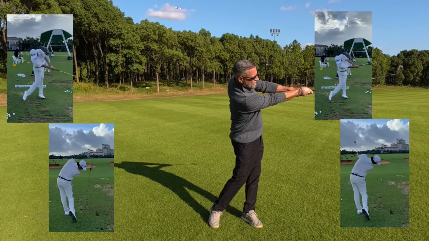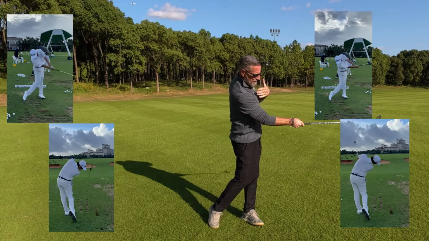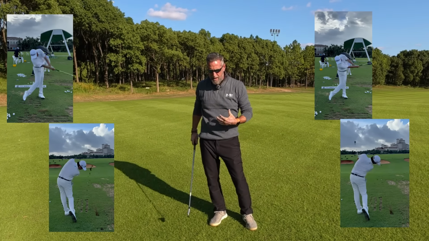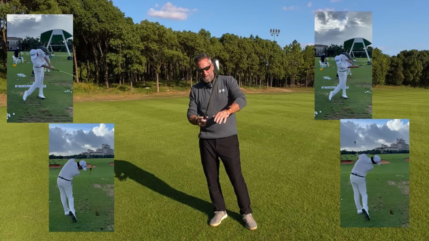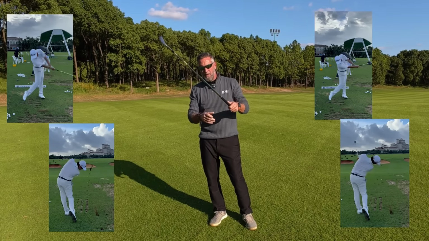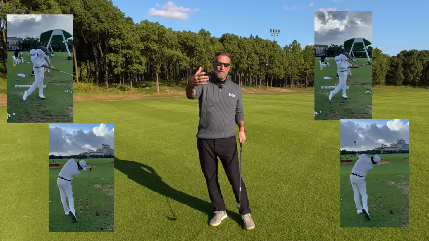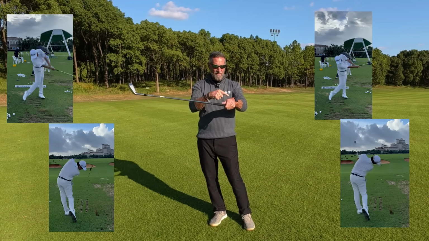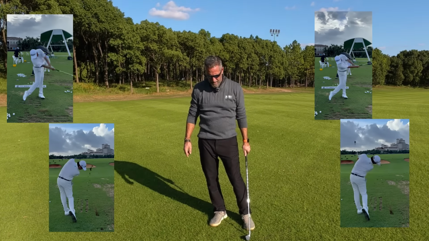It's a great checkpoint to see how the body has turned to an extent, and how the wrists are positioned, which will help me explain to my student the outcome of the ball depending on the position of his wrists at P9.